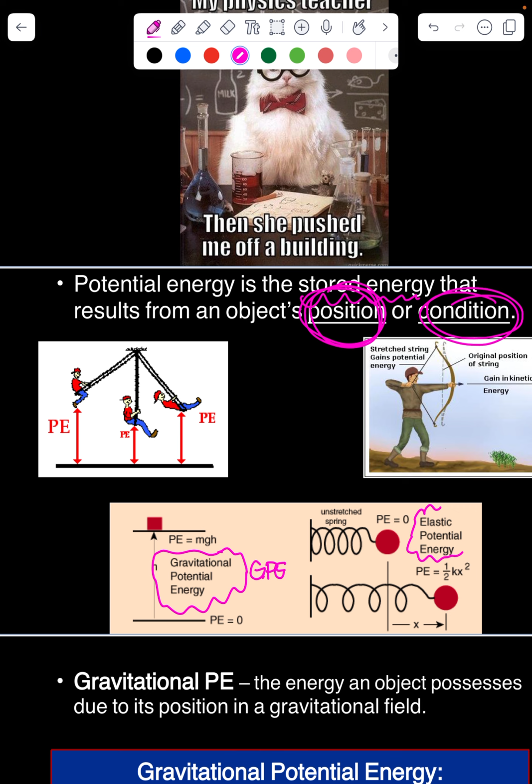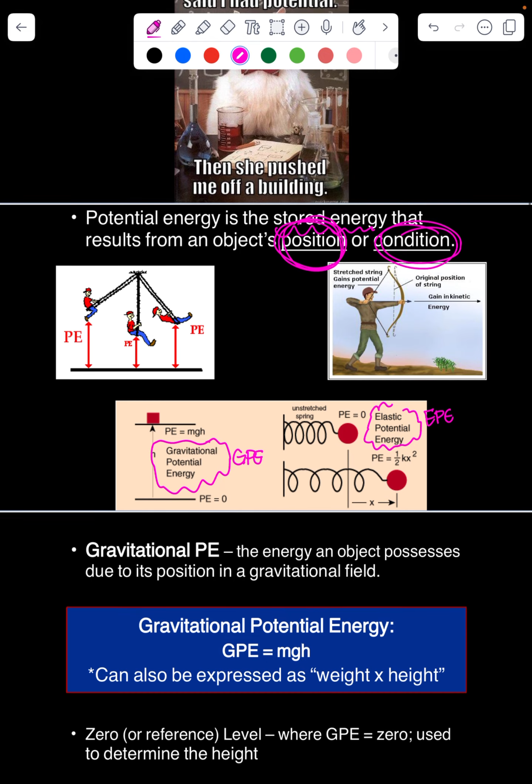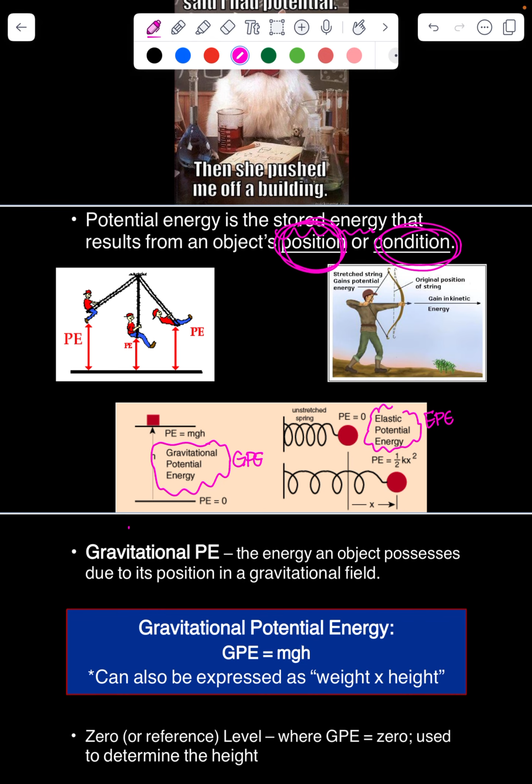Then we have elastic potential energy, which is EPE. The first one, the one you're probably more familiar with, is gravitational potential energy, our GPE.